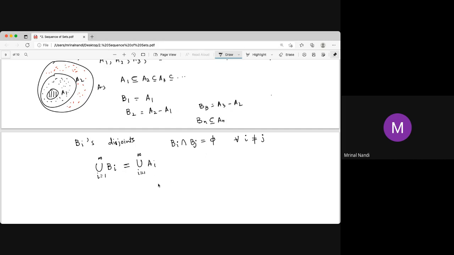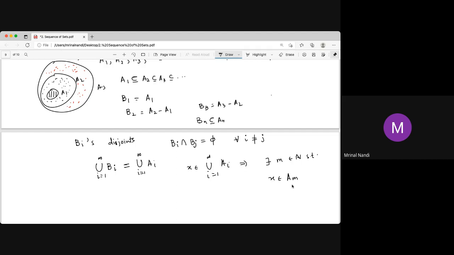If you take any element in the union, that means it belongs to some Ai. So if you take an element on the right-hand side, what is the meaning? If you take one element from the union of Ai, that means there exists some m in the natural numbers such that x belongs to Am.